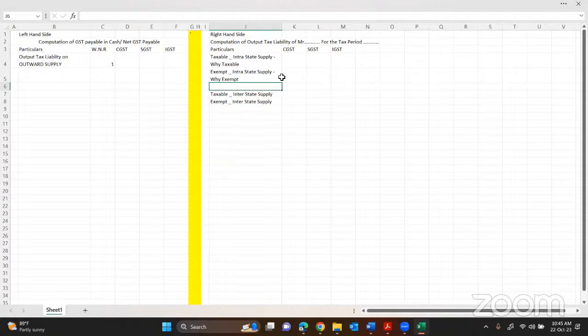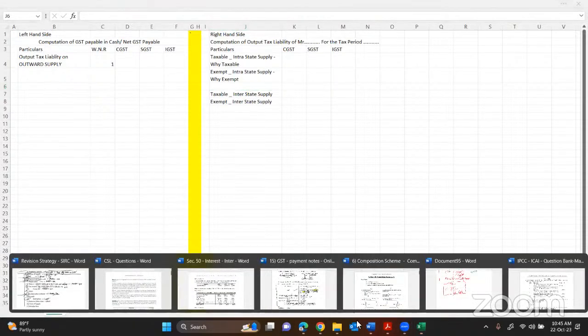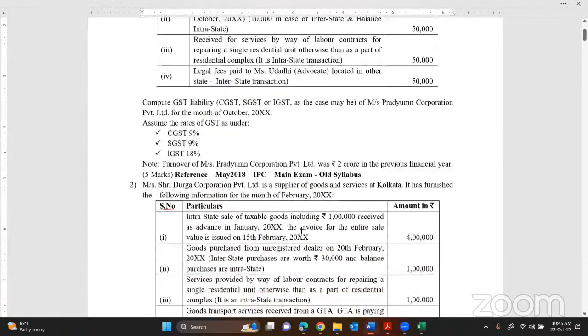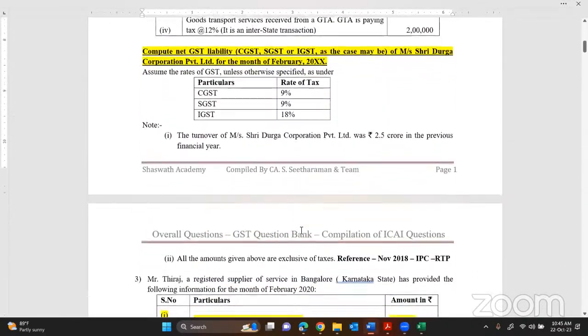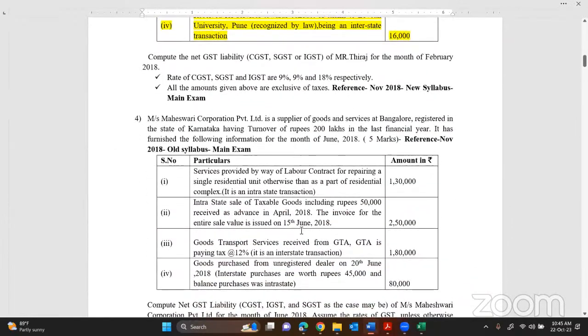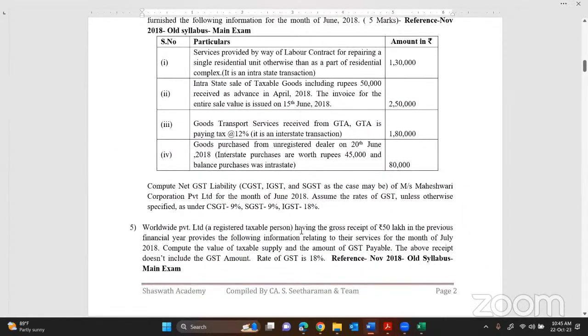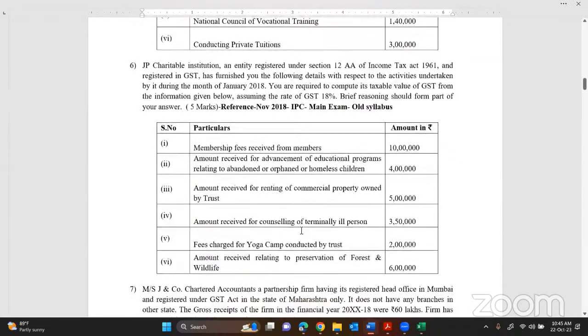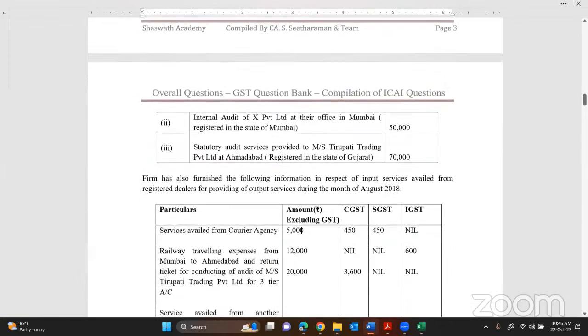The weightage of these questions is 6 to 8 marks. Guys, as you could see here, it's a 5-mark question, and later on questions have been tested in a different pattern and horizon. It's a main examination question. Consistently, this has been given for 5 marks.